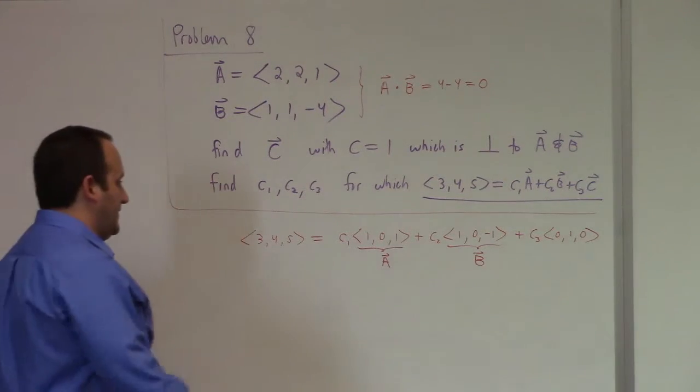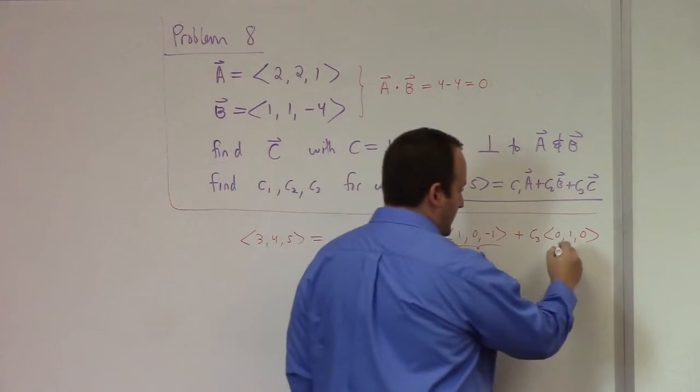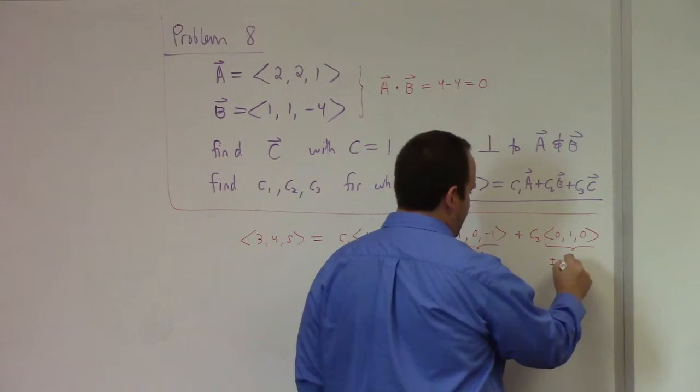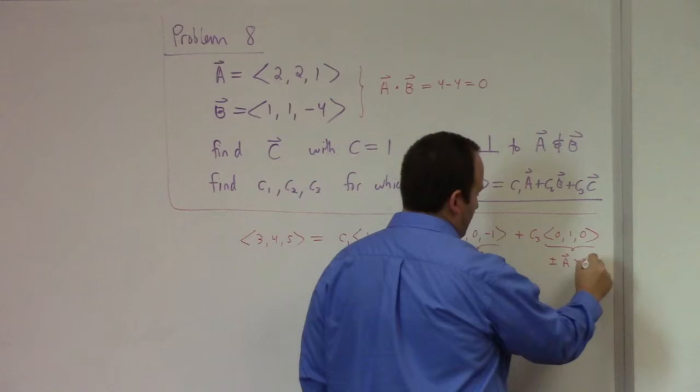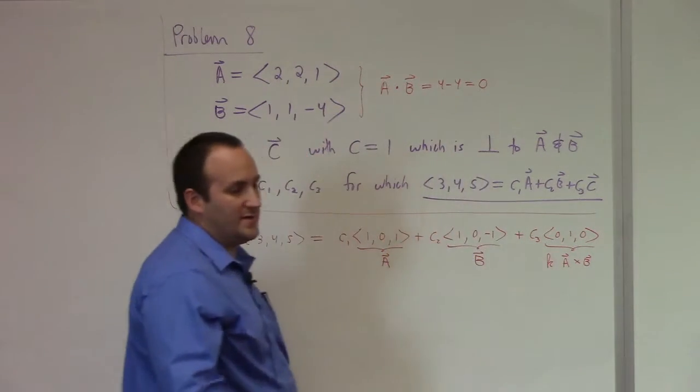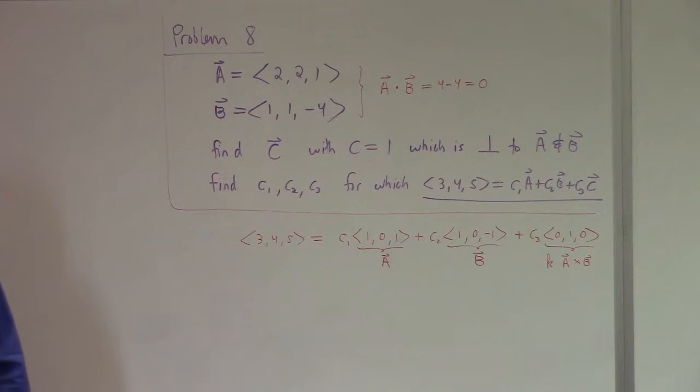So here's the cool thing: by the way, this is plus or minus A cross B. Well, it may be some constant K times A cross B, because it's perpendicular to the other two. So by process of geometric elimination, if it's perpendicular to both A and B, it must be collinear with the cross product of A and B.